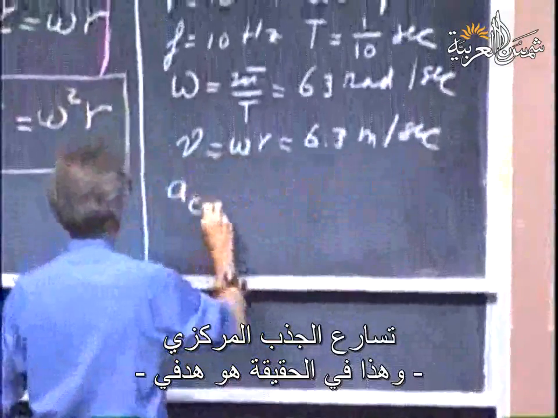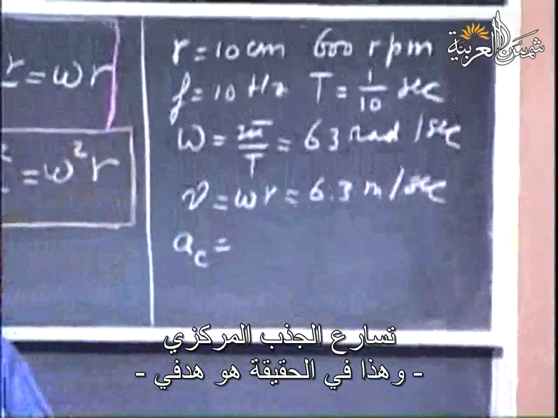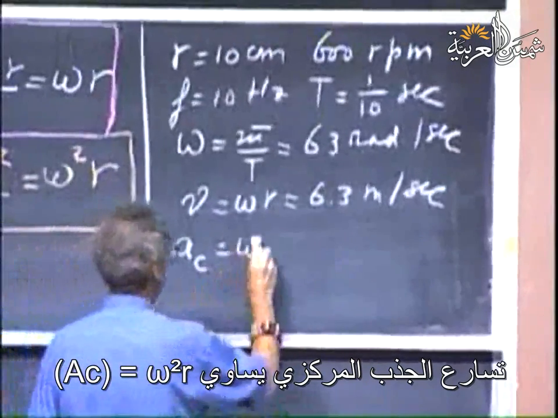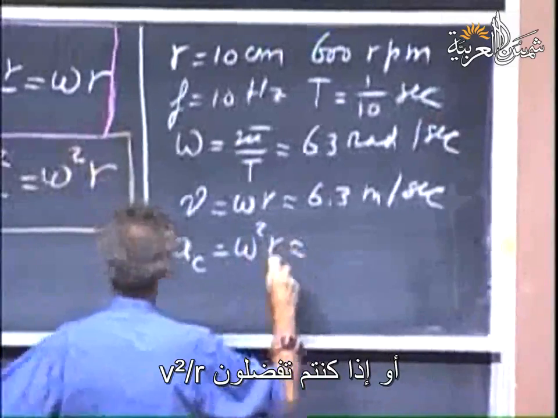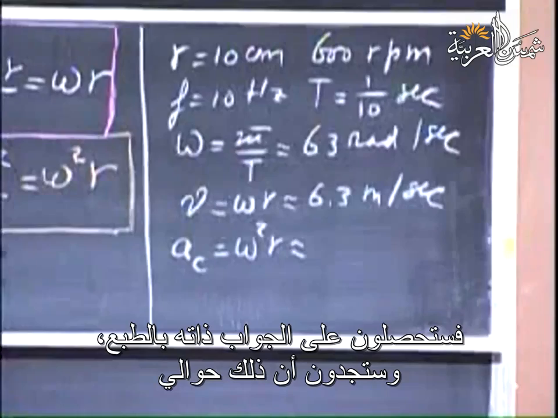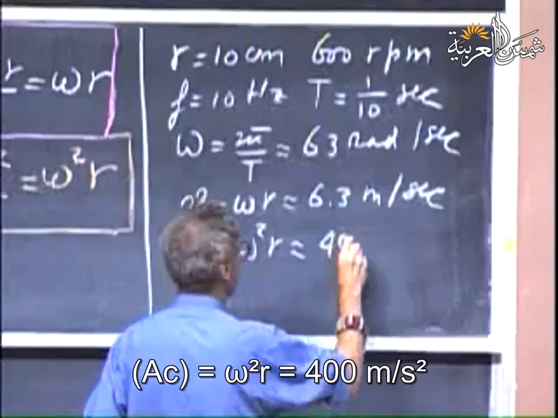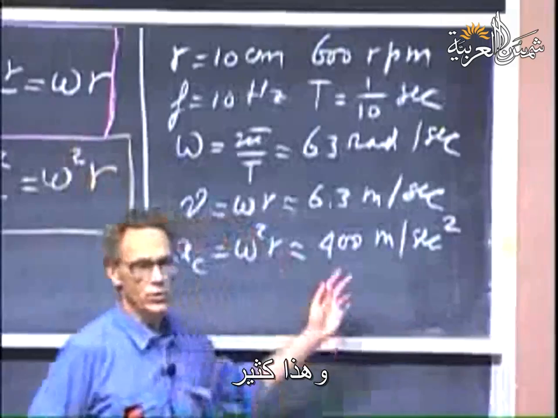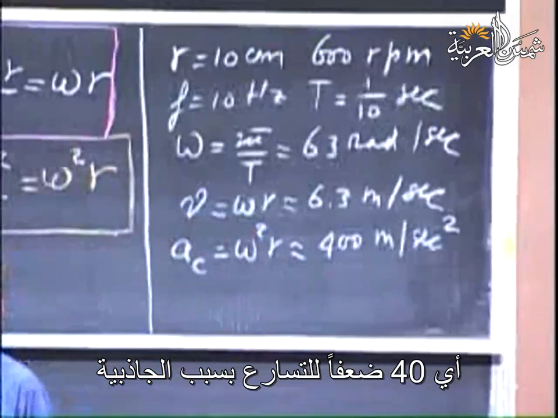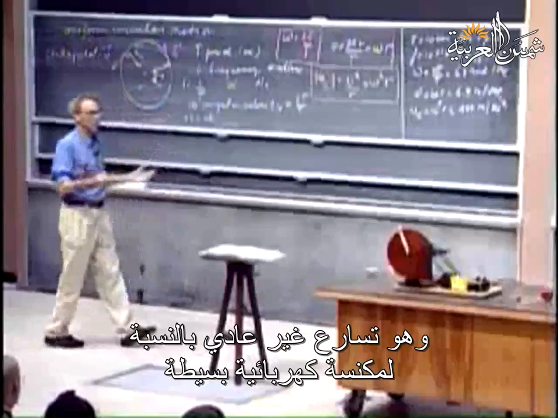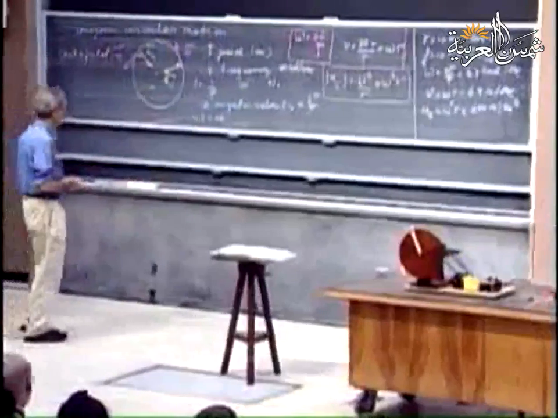The centripetal acceleration, and that's really my goal, would be omega squared r, or if you prefer, you can take v squared over r, you would get the same answer, of course, and you will find that that is about 400 meters per second squared. And that is huge. That is 40 times the acceleration due to gravity. It's a phenomenal acceleration, a simple vacuum cleaner.